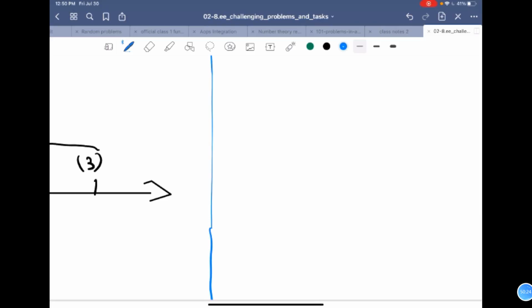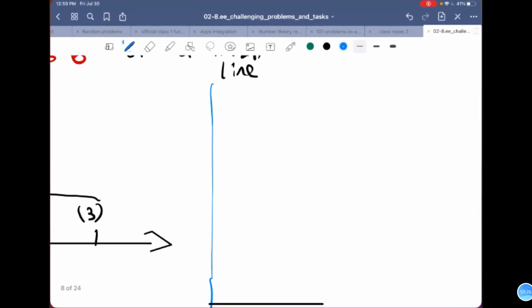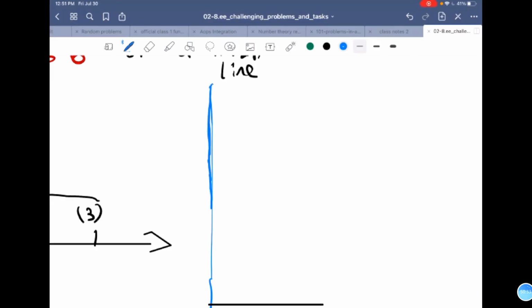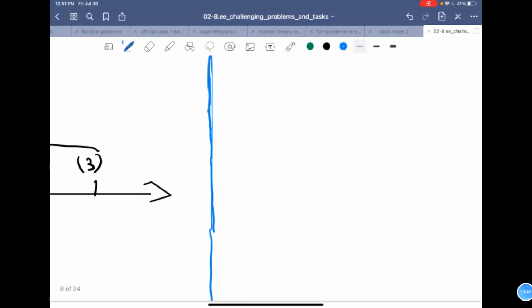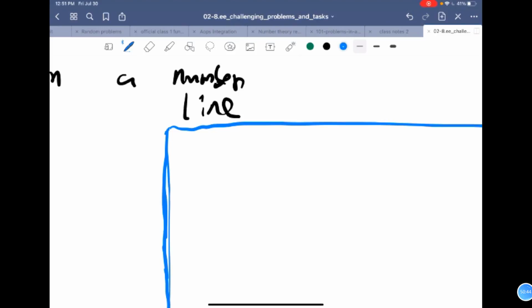All right, if you haven't been listening for the entire class, please listen to this part. This is very important. I would say this is the core, the essence of how you process a math problem or just math thinking.